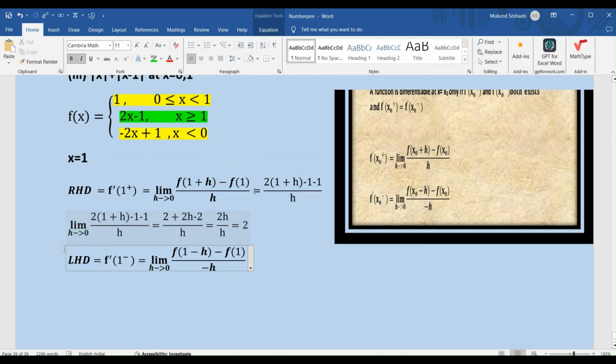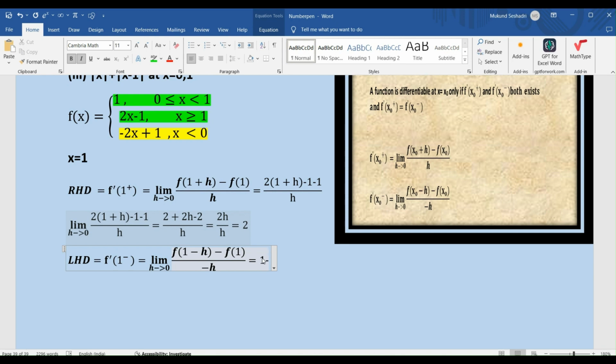And what is my f of 1 minus h? It is when x takes a value lesser than 1 by an infinitesimal h tending to 0, right? So which is that value here? It will be this. Let me change it to green. So it is going to take the value which is a constant, which is 1, right? So this is my first part of the numerator. And then my f of 1 is going to take 2x minus 1, right?